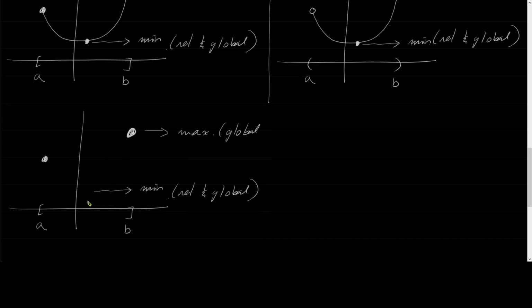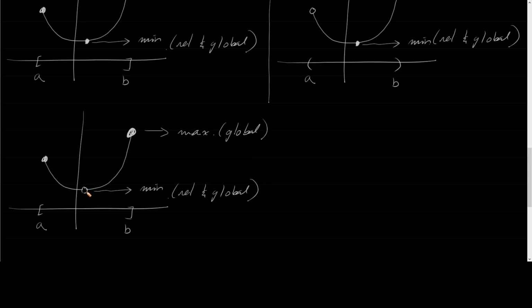Now let's say that we have a closed interval again, but now at that point down there, we have an open circle. In other words, it is not filled in. So in there, we still have this global max, but we don't have the minimum. It would be neither a local nor a global minimum.